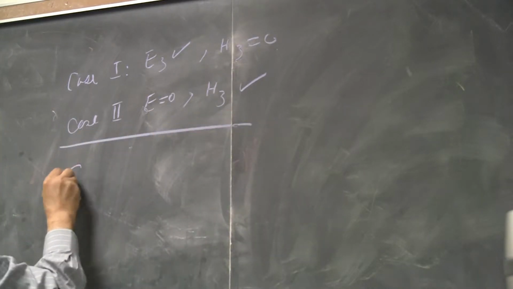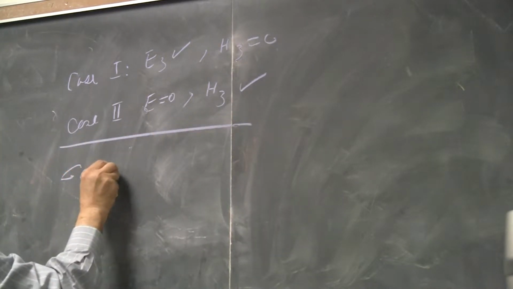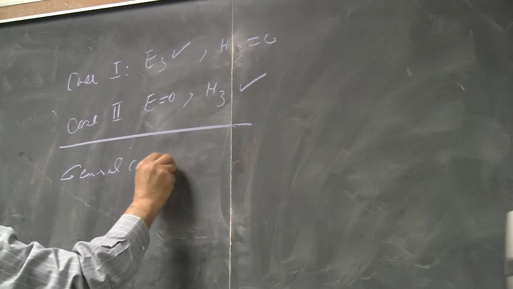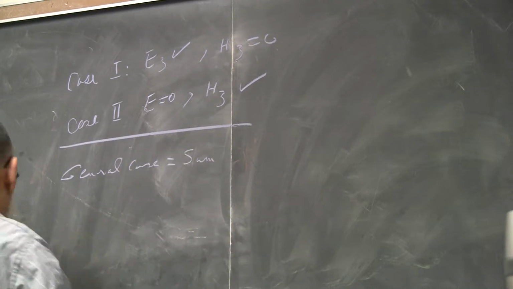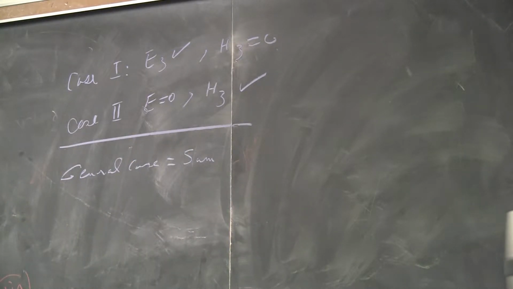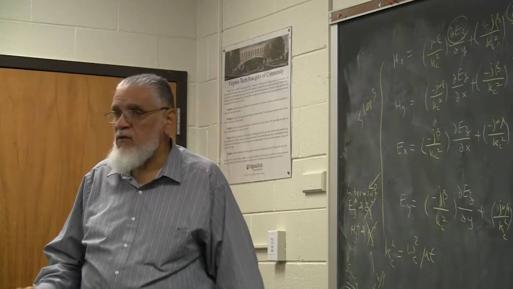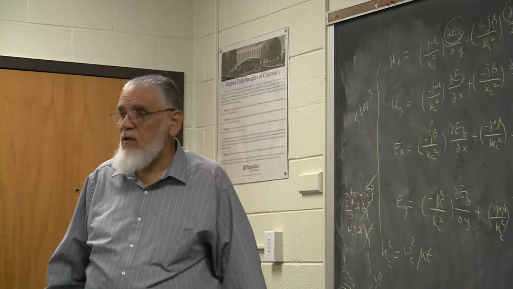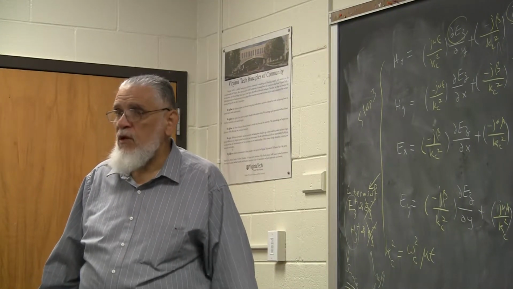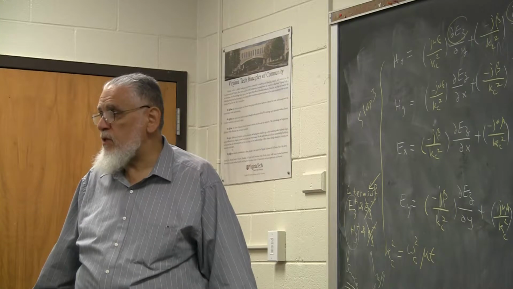The general case will be the sum, right? If neither is 0, you simply sum the two solutions. That's what we do when you have more than one source in linear systems. You consider the effect of each source alone, and you superimpose the solutions as a result.